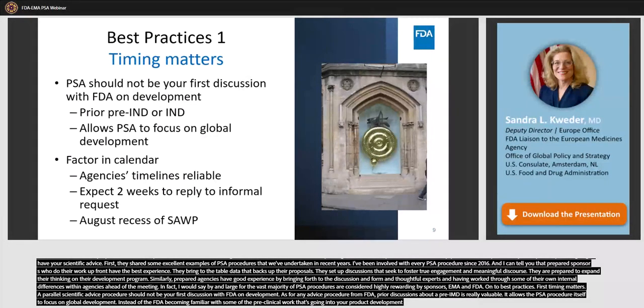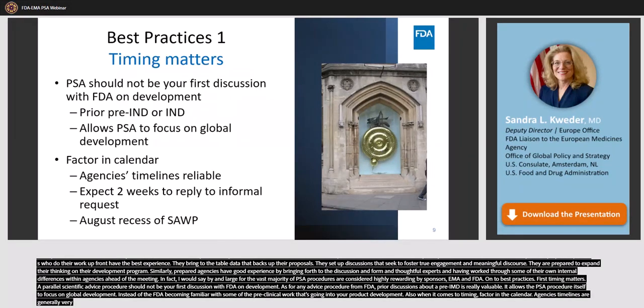Also, when it comes to timing, factor in the calendar. Agencies' timelines are generally very reliable, and so you should expect about 2 weeks for us to reply to a formal request that you submit.